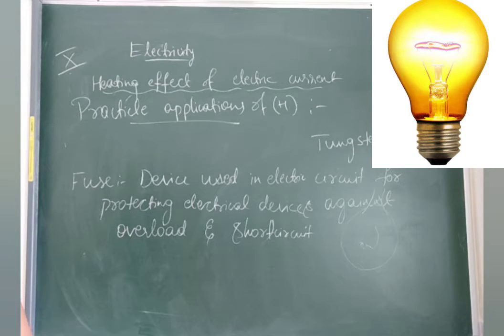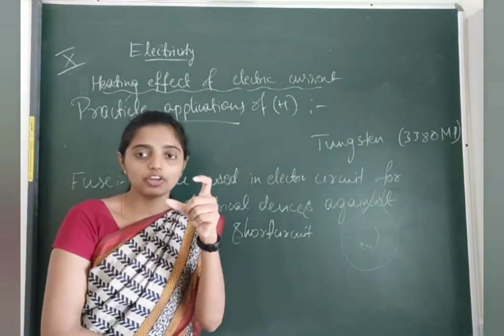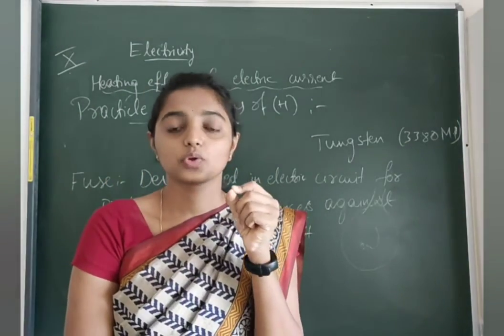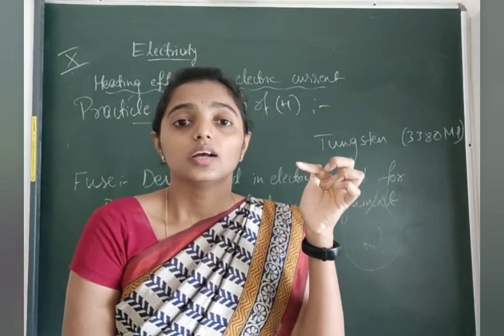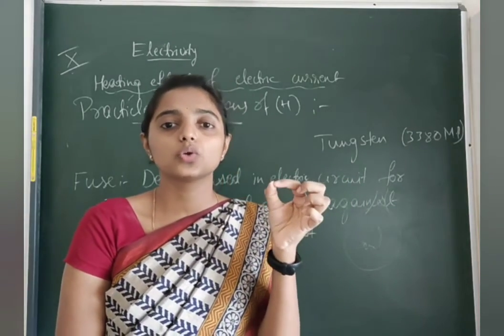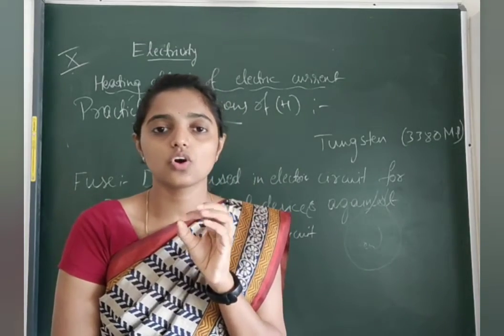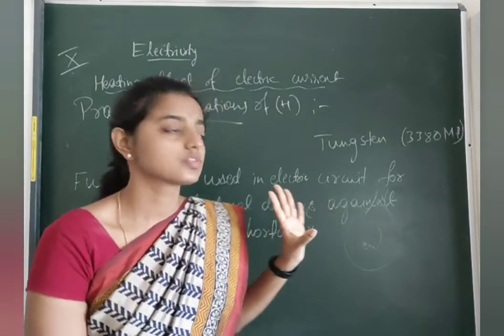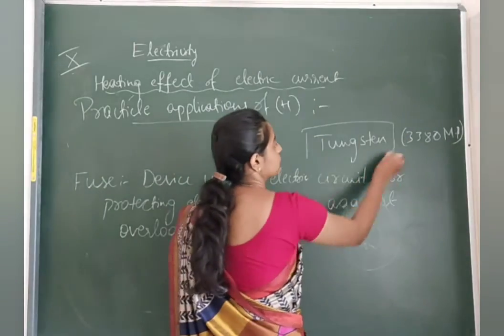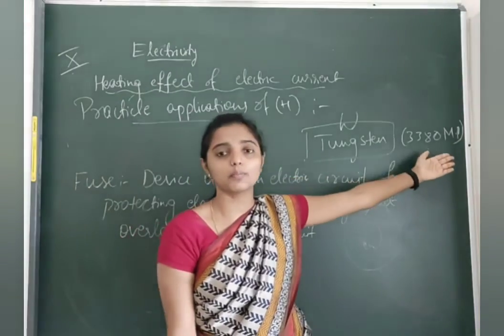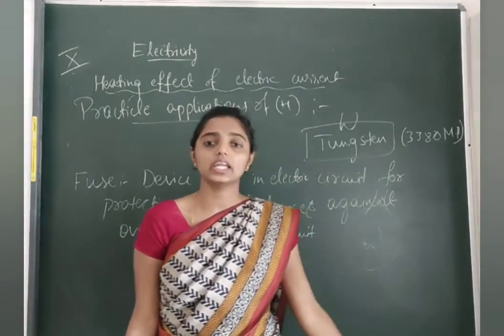So here filaments are the materials used to generate heat, and a filament should be a metal with a high melting point. The best example, and in almost all bulbs, the filament used is tungsten. This is denoted by W. Tungsten is used because its melting point is almost 3380.